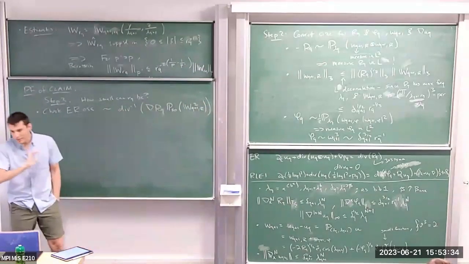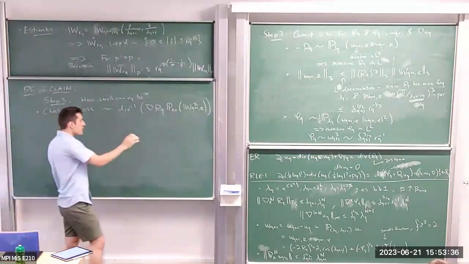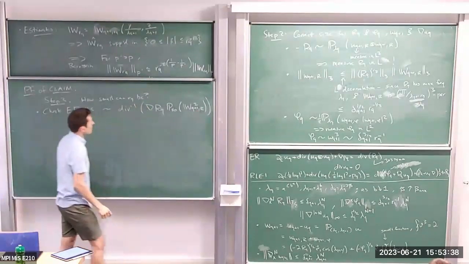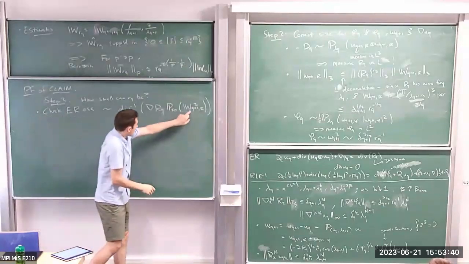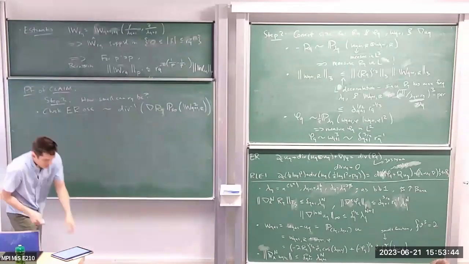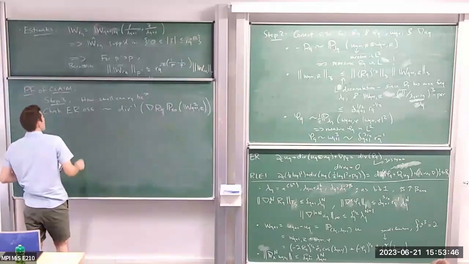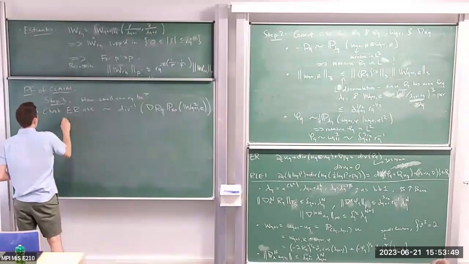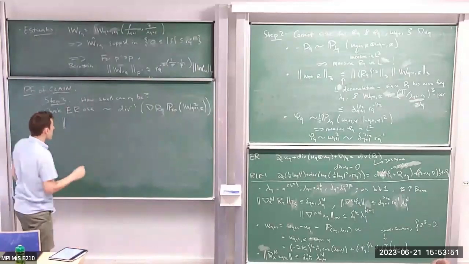And I'm going to forget about tensor products, just think of it as something that I'm squaring, right? I square the high frequency thing, and I take the gradient of the previous error. That's what these oscillation errors do. And now let's estimate in L3 halves.